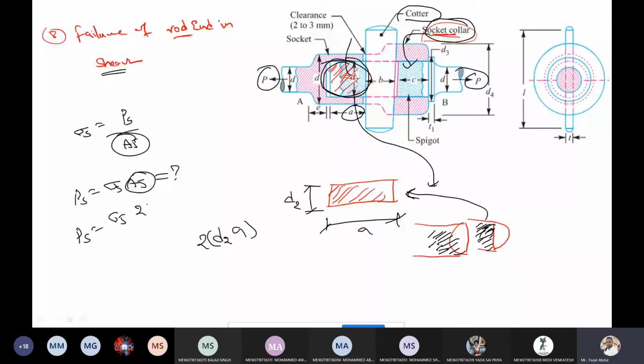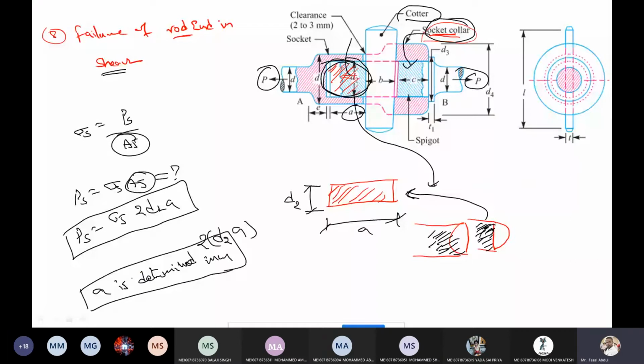From this equation, a is going to be determined in mm. Because this is a derivation, we write here that a is determined in mm. If it is a numerical problem, you have to write whatever answer you got as the value here.